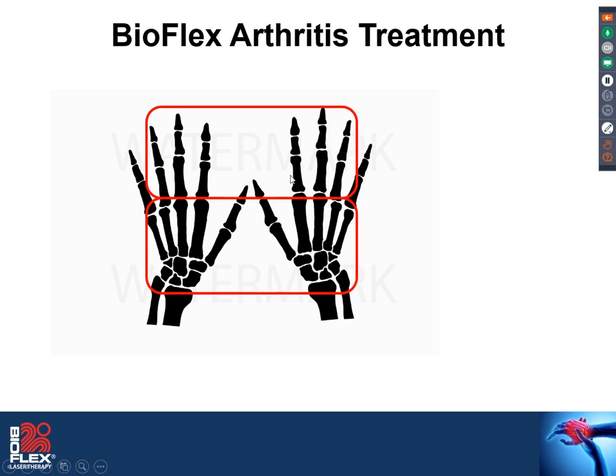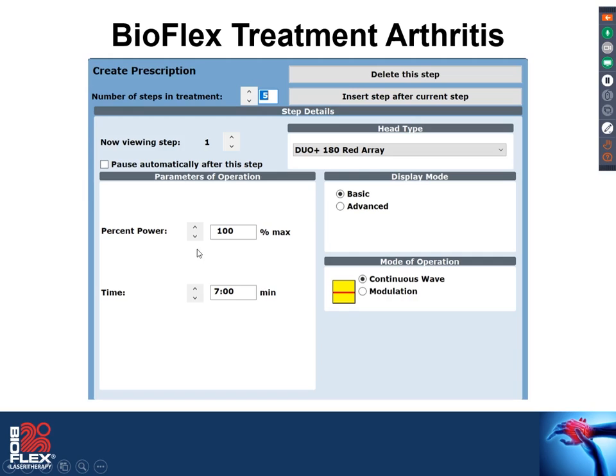Now again, the number of arrays will depend on the affected areas. If you feel you can treat all the affected interphalangeal joints or MCP or whatever is affected with 1 array, that's fine. But you may need to use 2 depending on the size of the hand that you're treating.